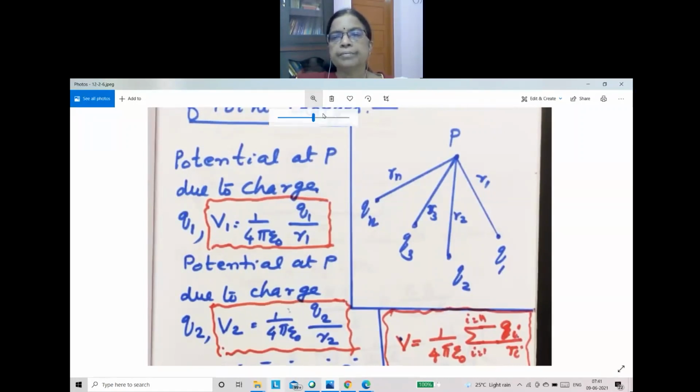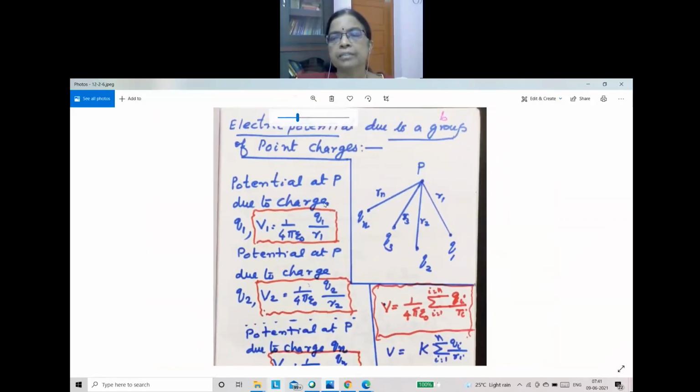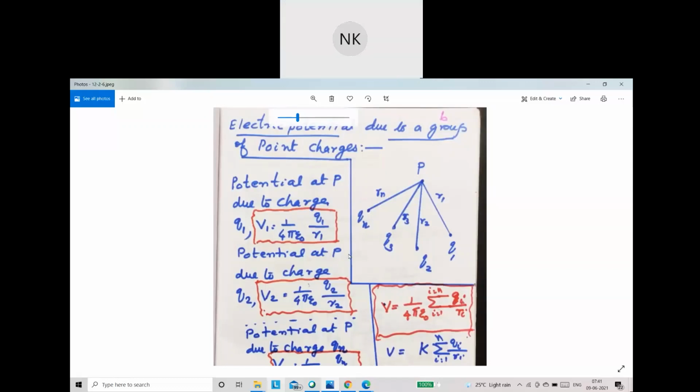How will you do, children? Potential, is it a scalar or vector? Potential, children. Neeraj, tell. Scalar or vector potential? Actually, it is the work done. Neeraj, no answer.